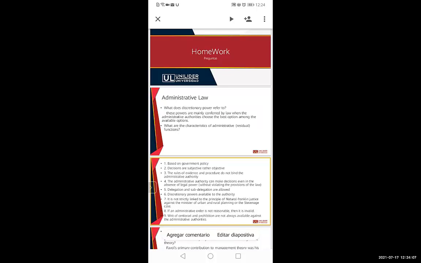These powers are mainly conferred by law when the administrative authorities choose the best option among the available options.